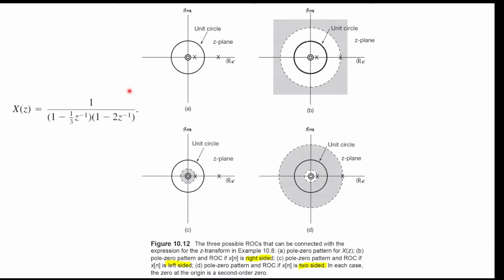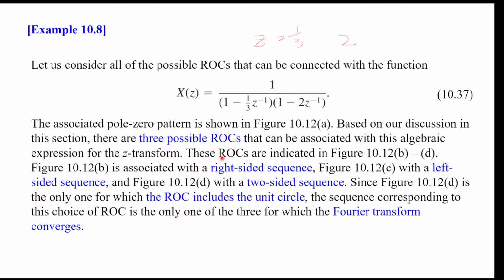There are only 2 non-zero poles here, so the 3 possible ROCs are outside of the outermost pole, between those 2 poles, or inside the innermost pole. So the 3 possible ROCs are pretty easy to figure out. It's those 3 things.